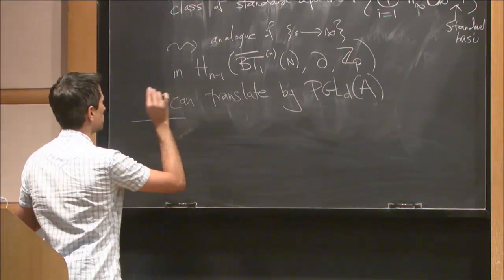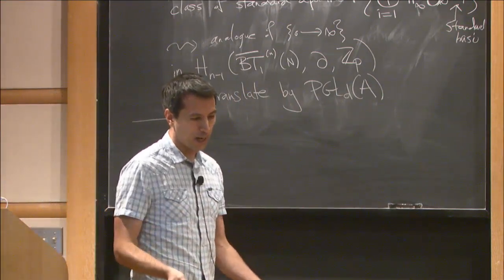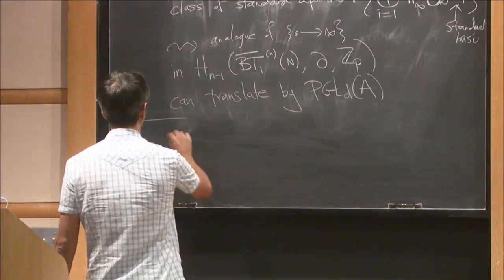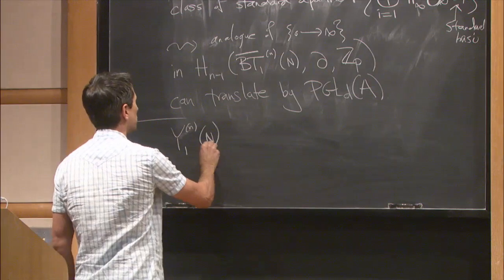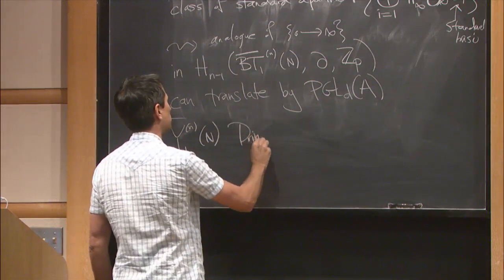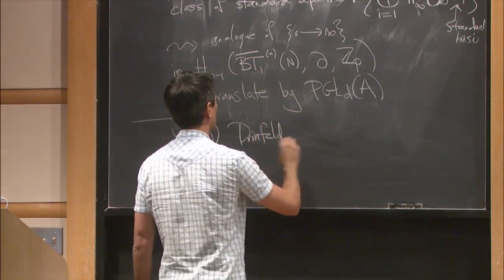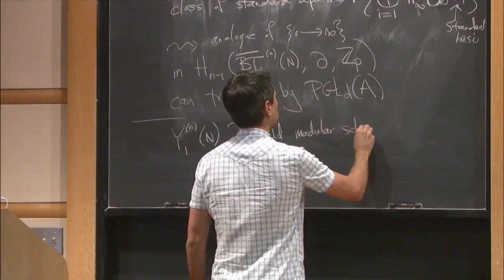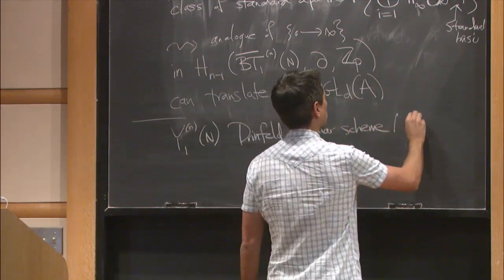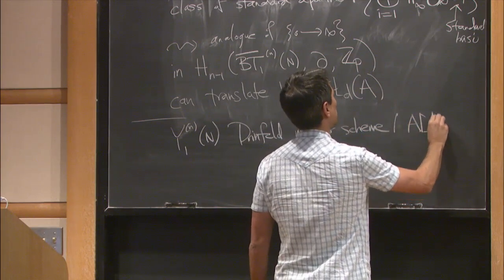Now, these give us modular symbols, but we still need Galois representations, and those are fine in this setting too, because we have the Drinfeld modular scheme, which for our purposes we just need over A 1 over n, which is good.